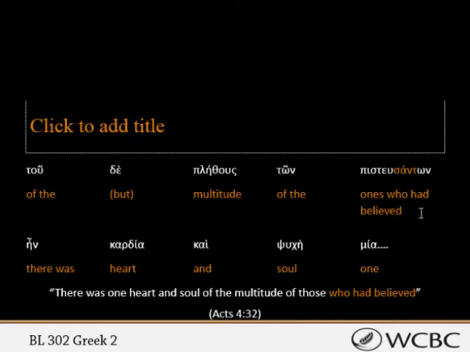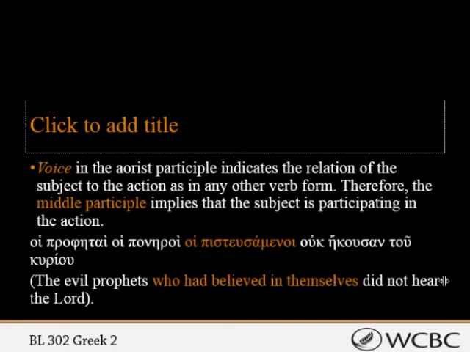And again, it's prior to the time of the main verb. So there was heart and soul of the multitude of those who had believed. So we're dealing with a past time, but that participle indicates that it's prior to the past time action of this particular verb. And that's basically how you would take and translate these aorist participles.